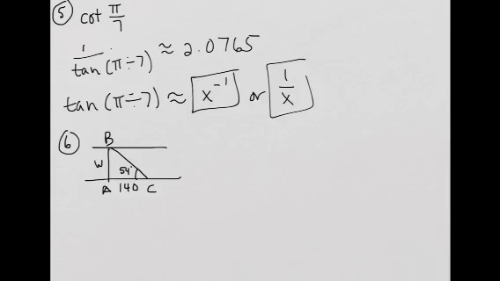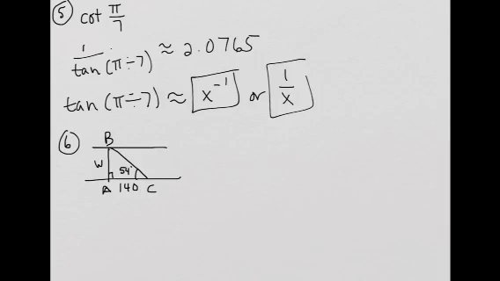Alright, so here's the setup for number 6. This is number 6 in the original paper I gave you. It's number 8 now, okay, but this was number 6. You're looking for the length of W because that's the width of the river. The one thing missing on the diagram is that this is a right angle.